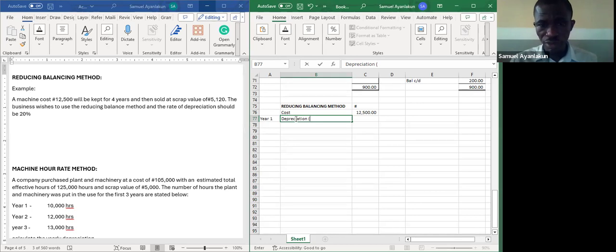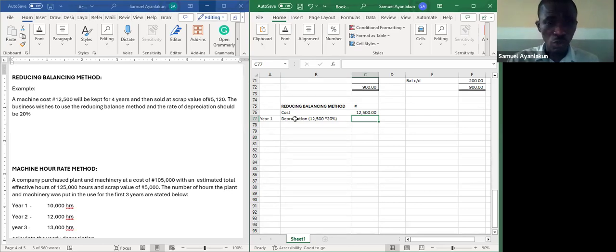So we can say 12,500 times 20%. So then what's 20% of 12,500?